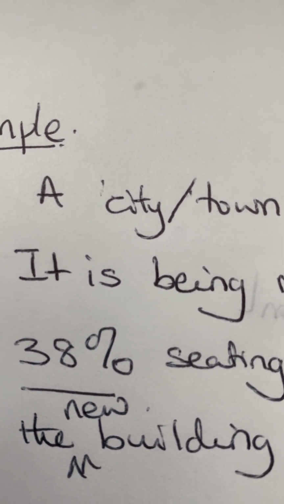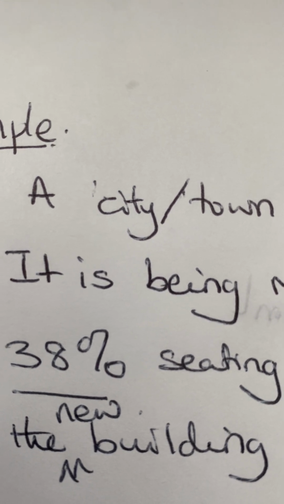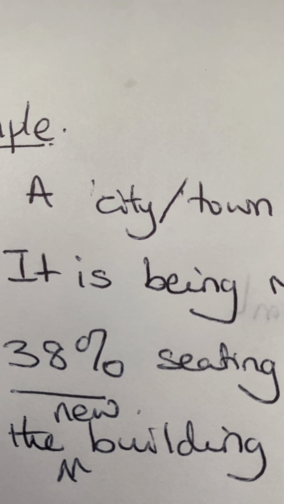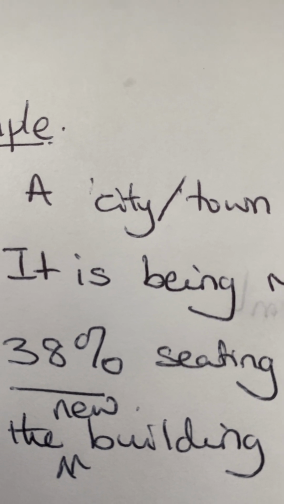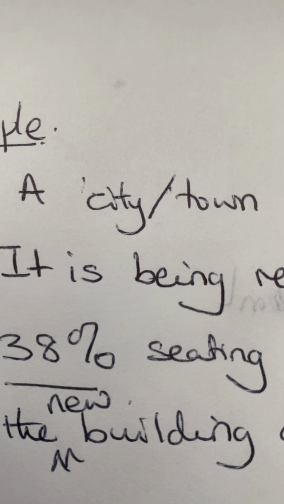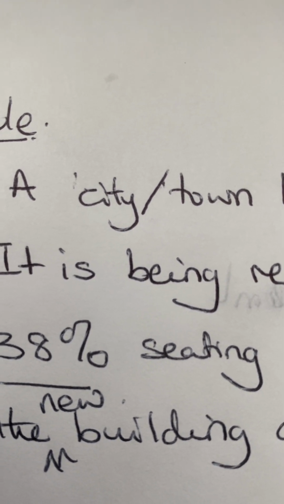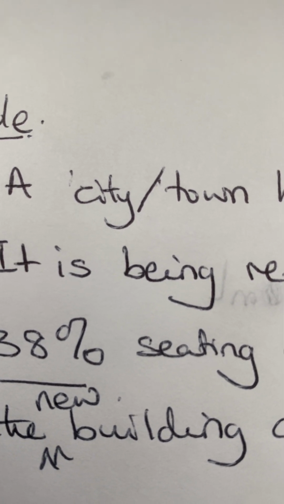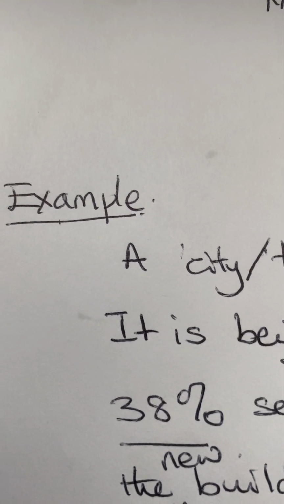Today I just want to use one method, which is straightforward: changing the percentage into decimal, multiplying it by the number given, and then you add or subtract for percentage increase. So here is an example.